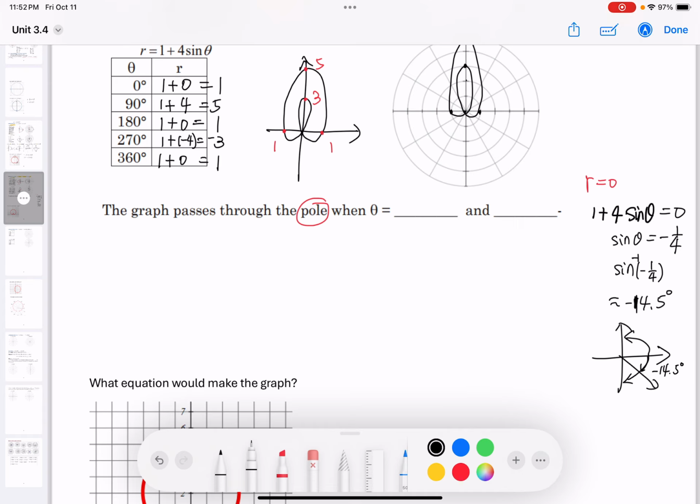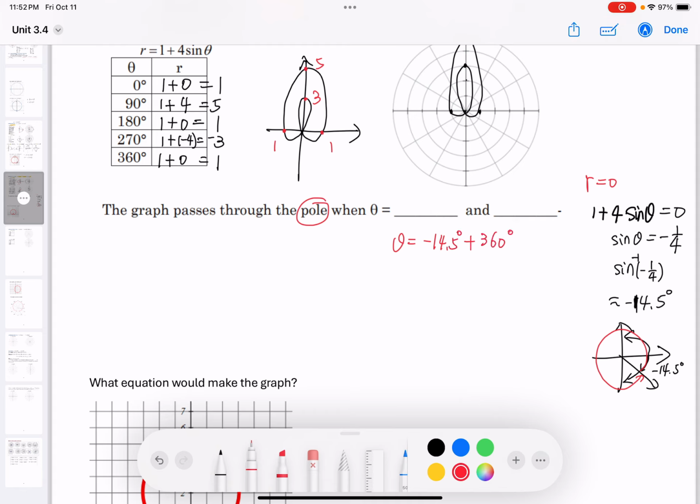So this angle is negative 14.5 degrees. But I need to find my angle between 0 and 360. So what should I do? I can add 360 to find the coterminal angle. So theta is equal to negative 14.5 plus 360.